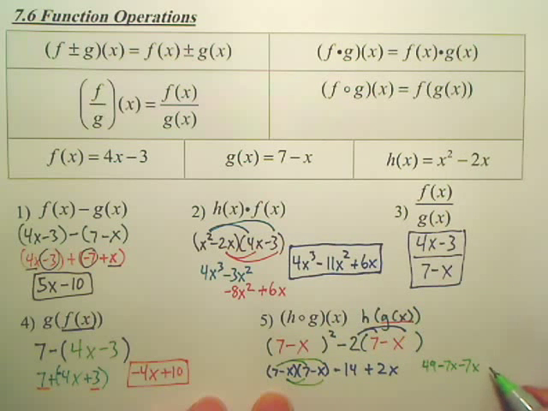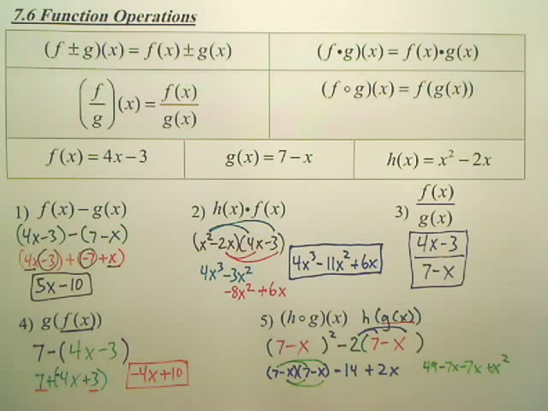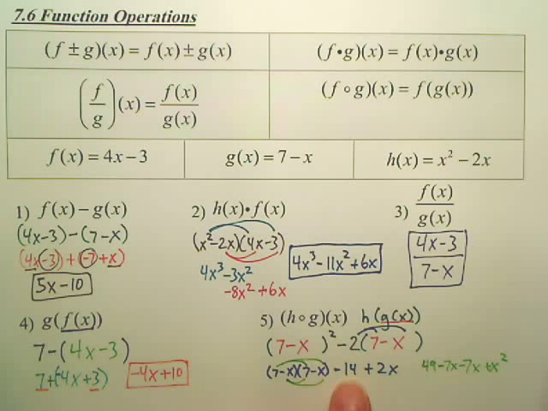Negative x times negative x is positive x squared. Are we okay? And then don't we have these two to combine with it? So we still have the minus 14 and the plus 2x still.